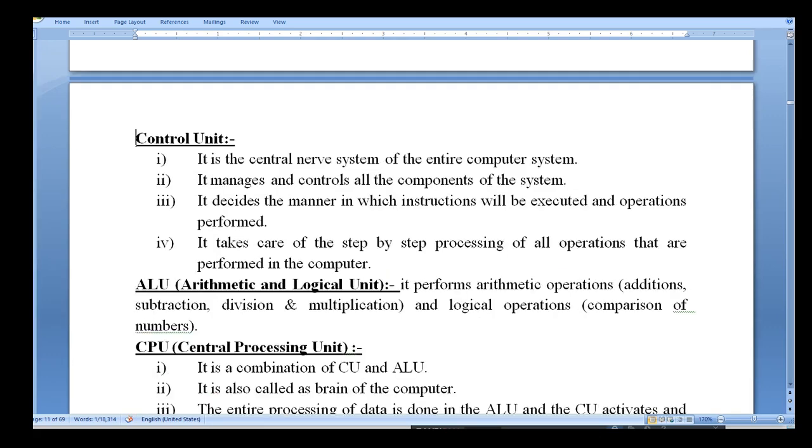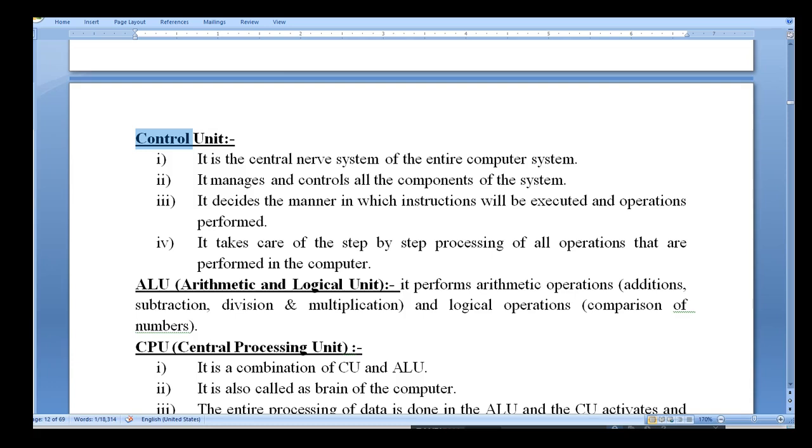So next we will discuss the control unit. The control unit is just like the central nervous system of the entire computer. It controls all the other components and takes care of the execution of the instructions in a step-by-step manner. Controlling means controlling all the operations, all the devices, all the instructions.